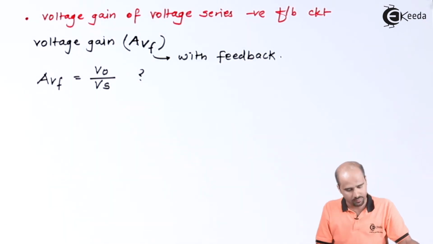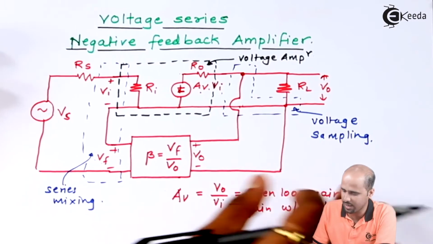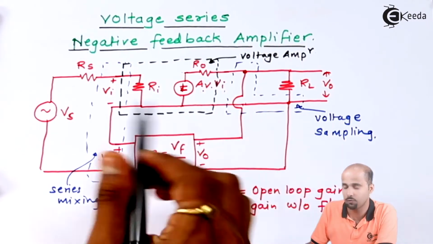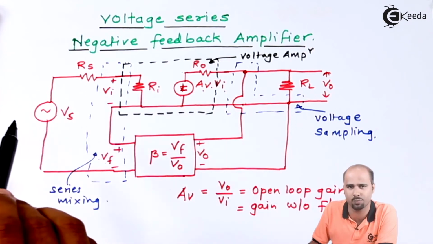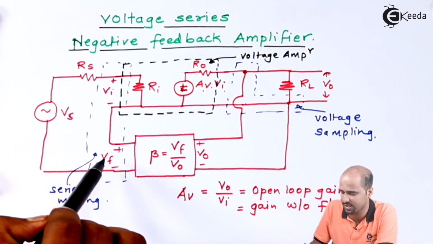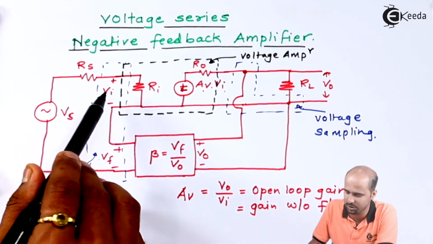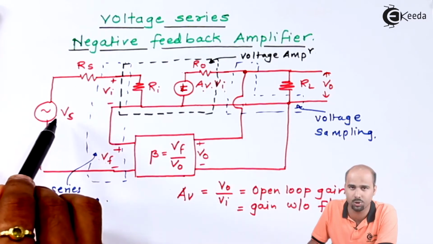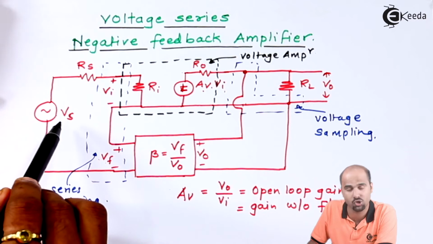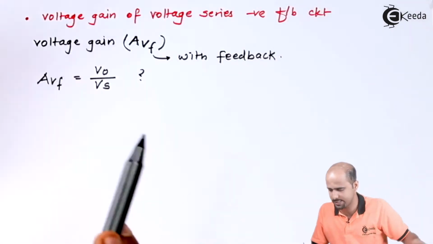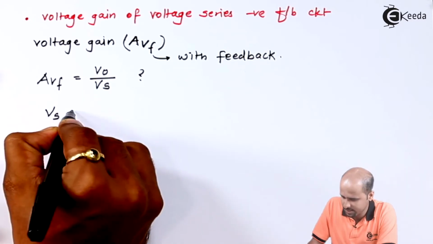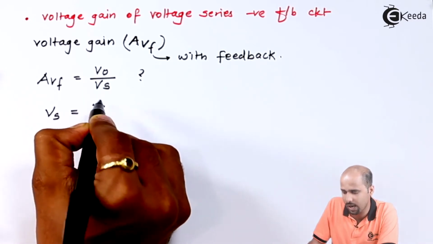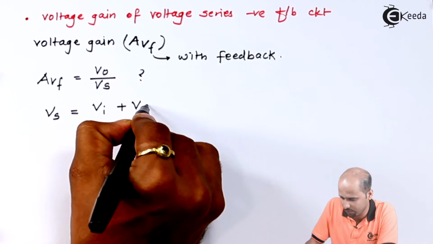See to it that whenever I am using voltage sampling and series mixing, series mixing is possible only when two voltages are added, feedback and input, and that will become your source voltage. So Vs is equal to Vi plus Vf.